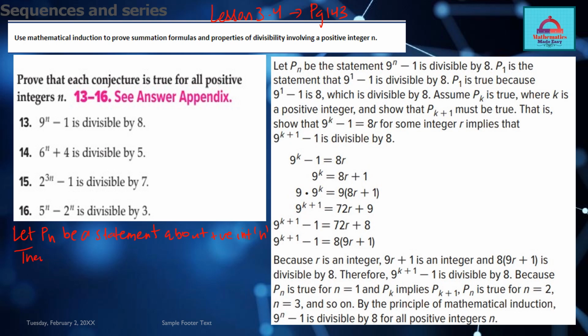Then if we have to show that this Pn is true for all positive integers n, then there are two conditions, if and only if. What is the condition? The first condition, P1 is true. You have to check that. So just check that in the question. We are going to do that very shortly in the questions that we are going to solve.